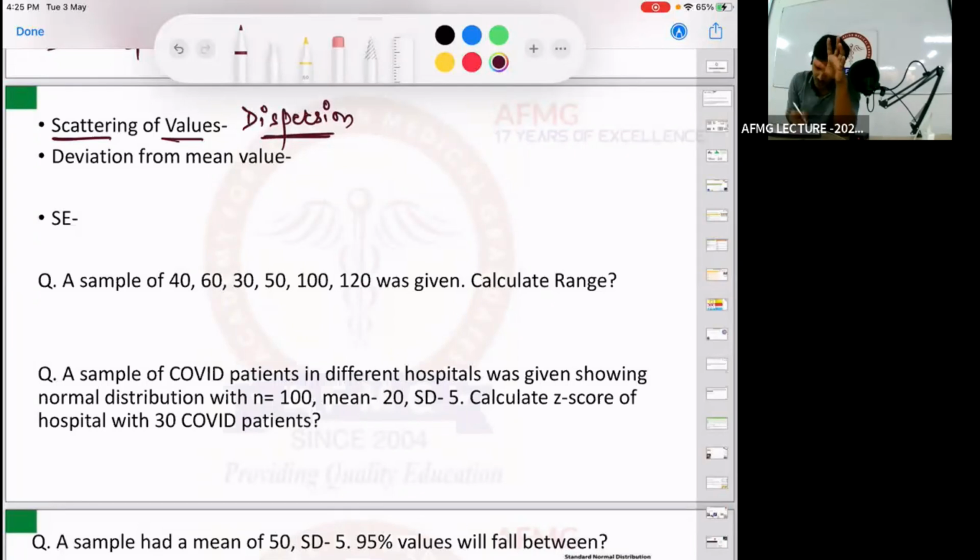No issues with this. Whereas deviation is the deviation of a given value from the mean value. So for example, my mean value is 40 and they have asked you to calculate the deviation for 20. So 20 minus 40 would be minus 20. So here the deviation from the mean value would be 20 in magnitude.